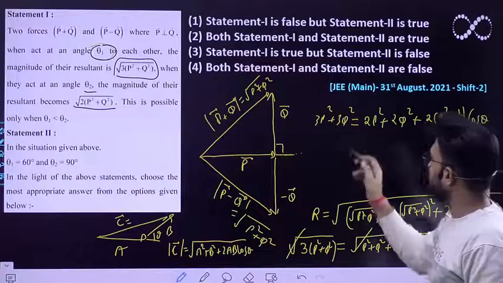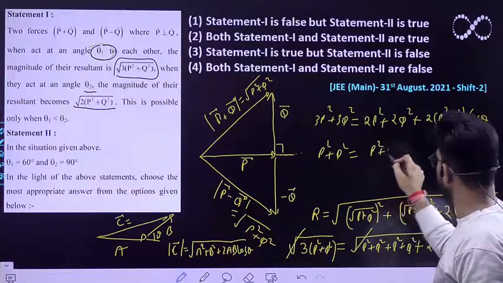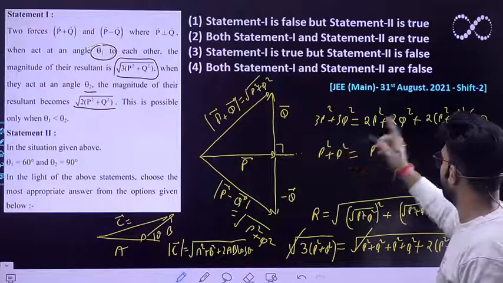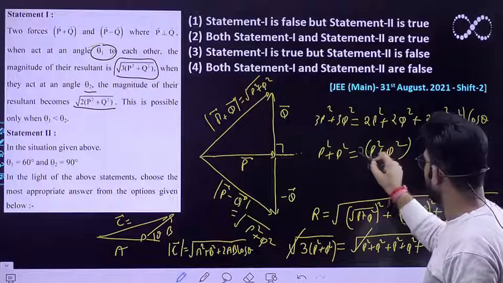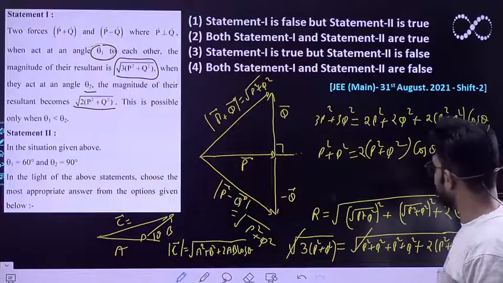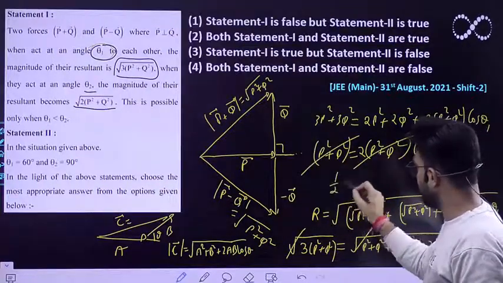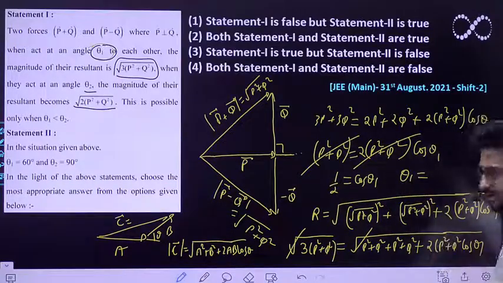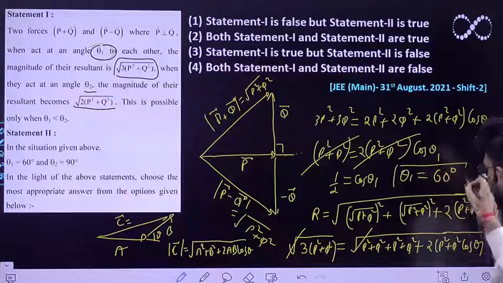Okay, so eventually you'll get P square plus Q square is equal to P square plus Q square into cos θ1. Okay, so this term will cancel out. Half would be equivalent to cos θ1, so cos θ1 comes out to be half, so it would be 60 degrees.